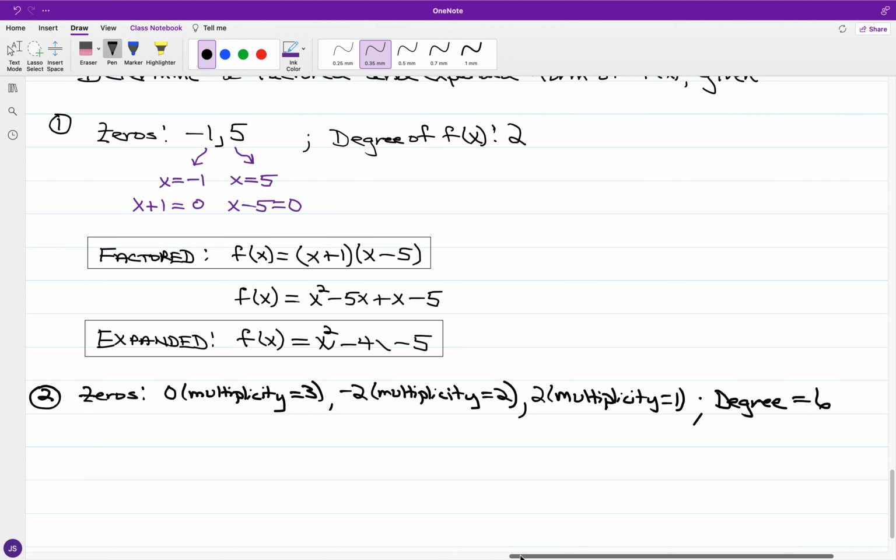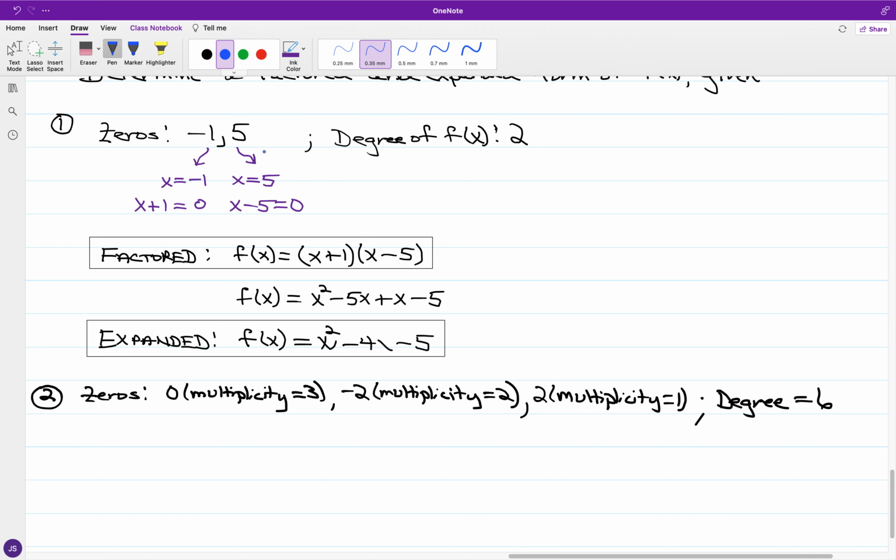Okay, so just taking what we have here. So we got with our zeros, 0, -2, and +2. So think of it like working in reverse. If we have x equal to 0, we got the x factor. For -2, we can say this stems from x plus 2. And if we got 2, we can say this stems from setting x minus 2 equal to 0. Now, we got the multiplicities.